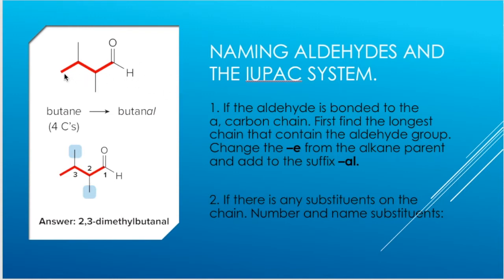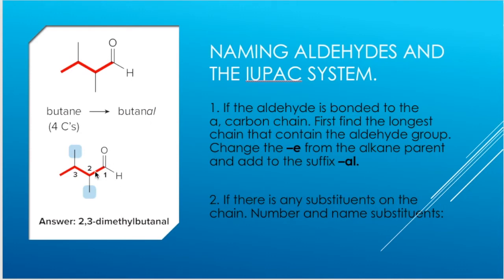We have to find the largest chain. Here we see it has 4 carbons, 1, 2, 3, and 4, so it's butane. But we have to change the E for the suffix AL, so it's going to be butanal.